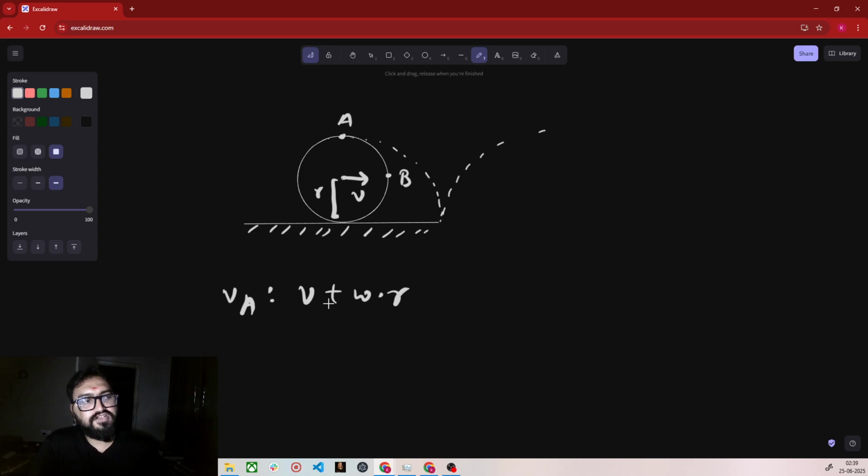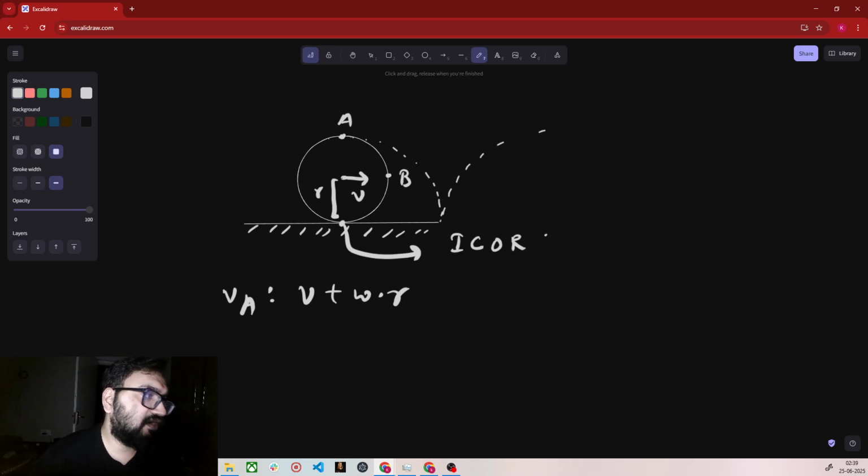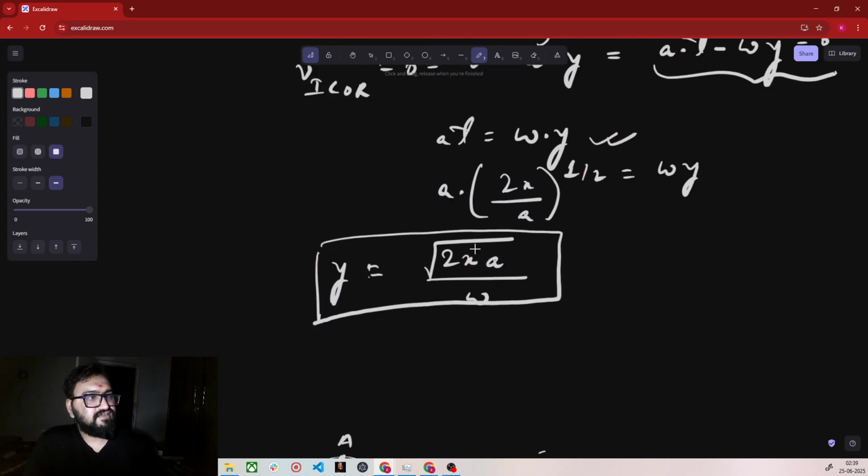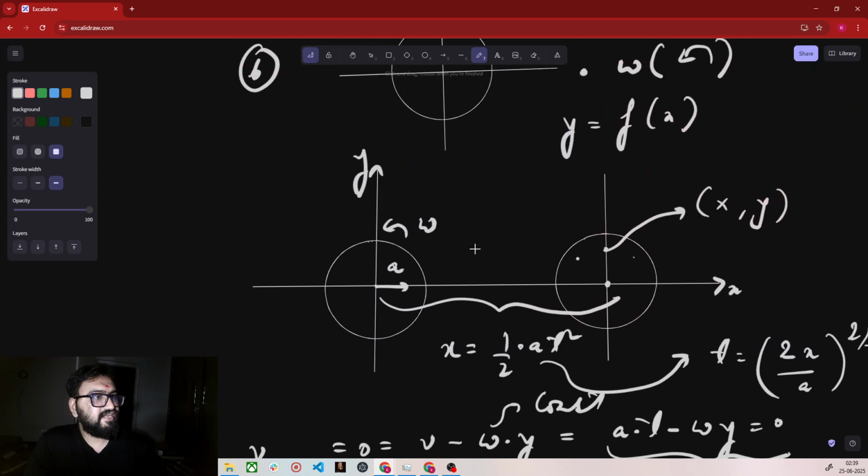Now it has also been mentioned that this cylinder was rolling purely. It means that this point was my instantaneous axis of rotation. We call it instantaneous center of rotation as well, ICOR. I'd already mentioned previously what ICOR is, right?